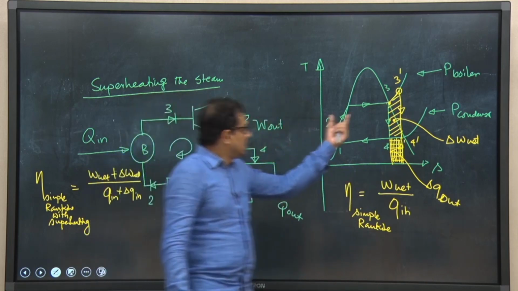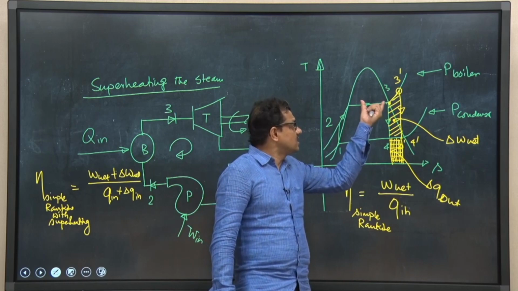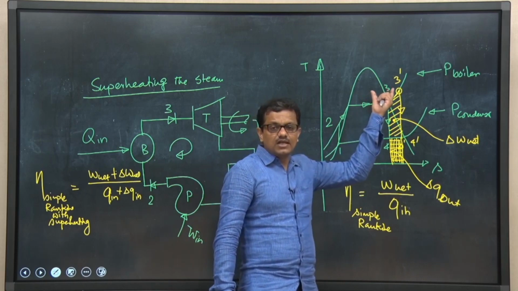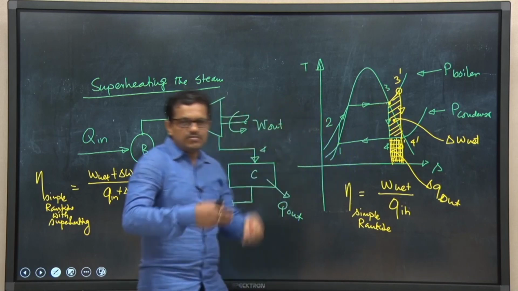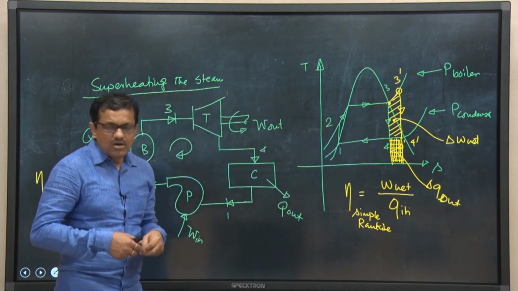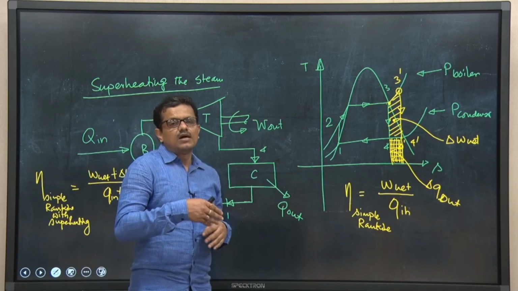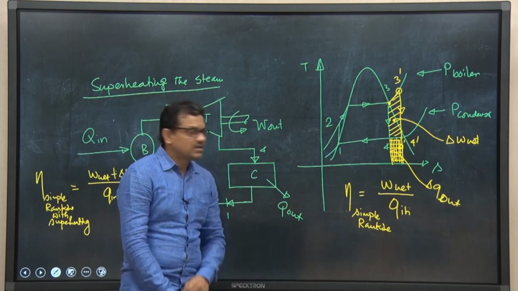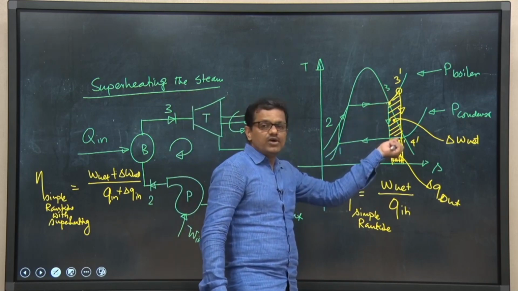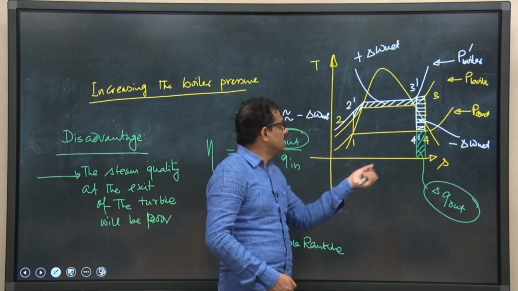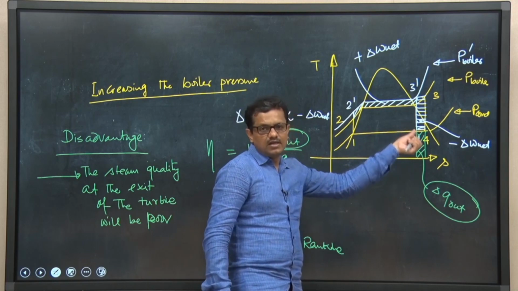So, instead we are thinking of increasing the boiler pressure, so that the degree of superheat stays within our control, that means within a controllable limit, and if we can superheat, the moisture content at the exit of the turbine also can be reduced.